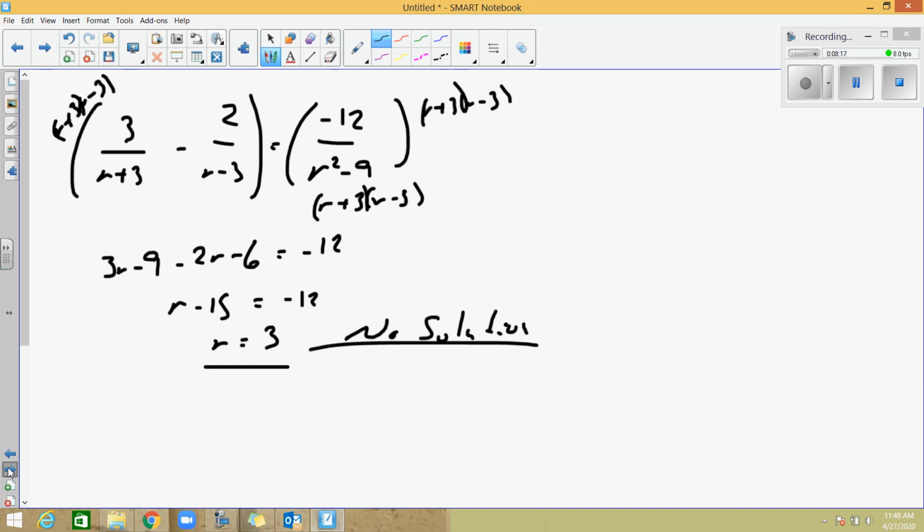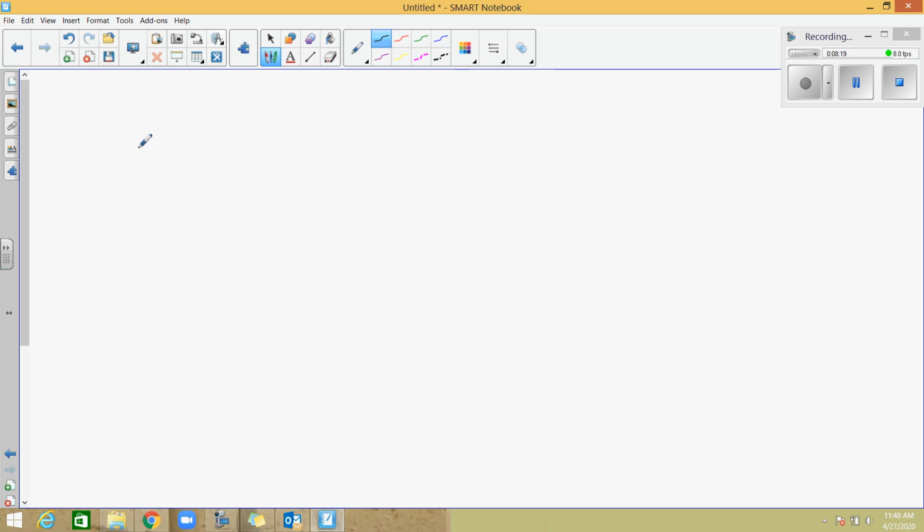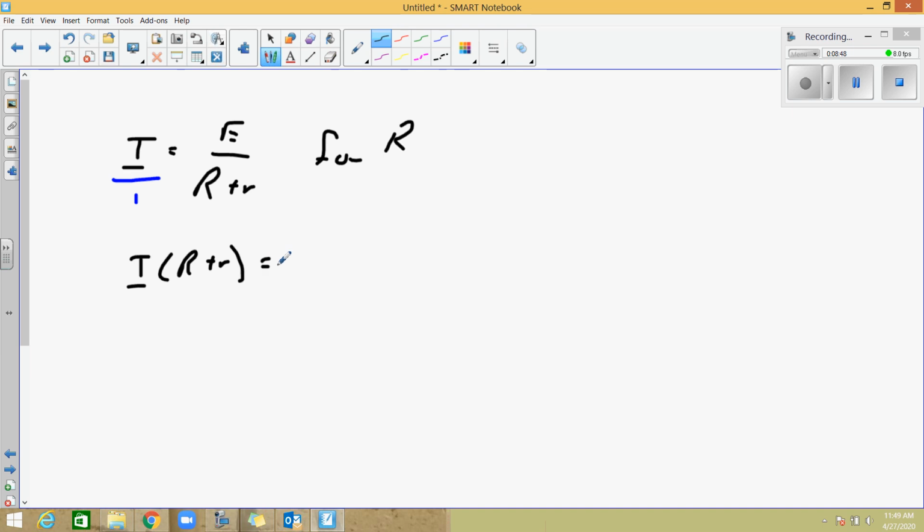Now the next part of this section is a little bit unique because we throw out the numbers and see if you actually know what's going on. It's e over I equals capital R plus lowercase r over 1, and I want to solve for lowercase r. Well, this is really just a fraction set equal to a fraction, because that's over 1. So I can cross multiply, and I get I times R plus r equals e.